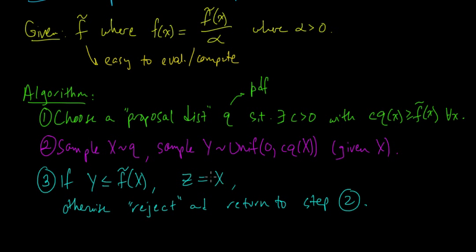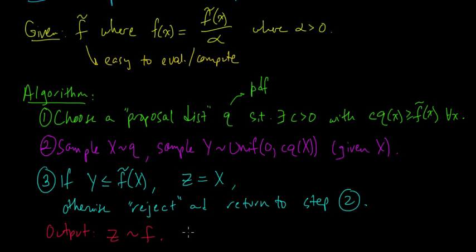And our sample is this resulting Z. So the output is Z, and Z is distributed according to our target distribution F. And in the next video, we'll prove why this is correct. Why, in fact, this algorithm gives you a Z which is distributed according to F.